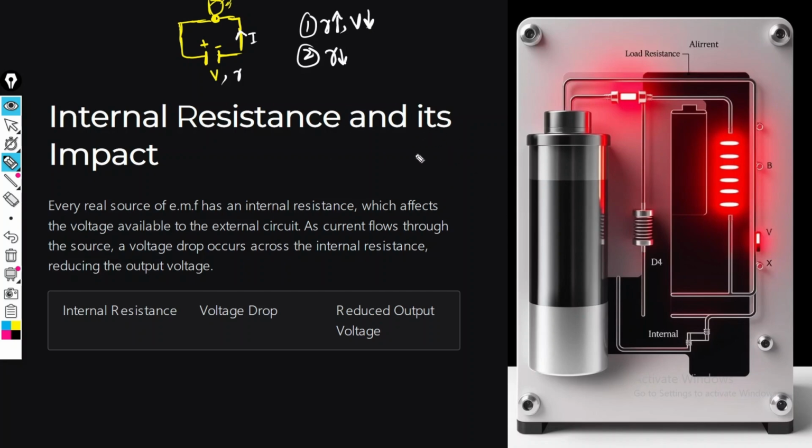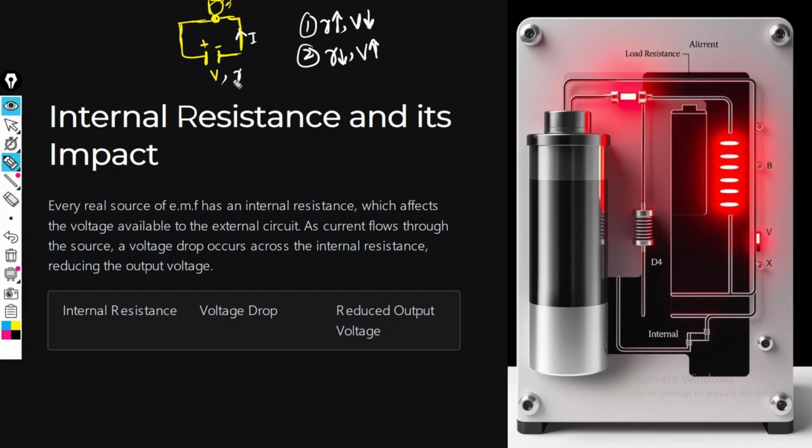Through electrical and mechanical engineering, we design the battery in such a way that its internal resistance is low. If the internal resistance of the battery is less, then it will give more voltage to the circuit. So this is the impact of the internal resistance.